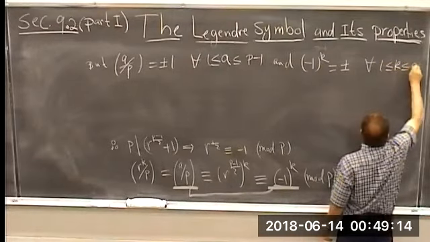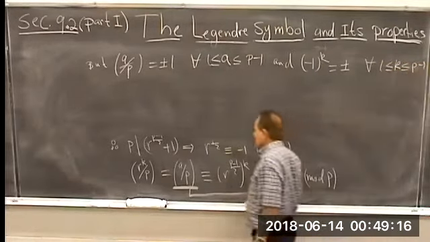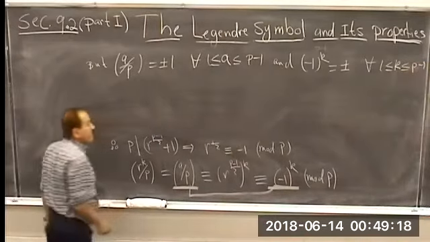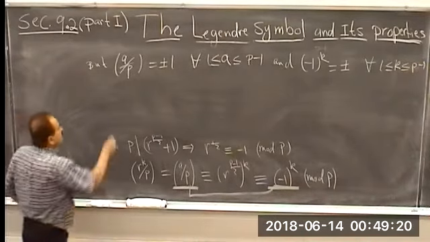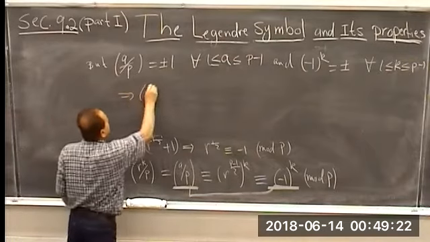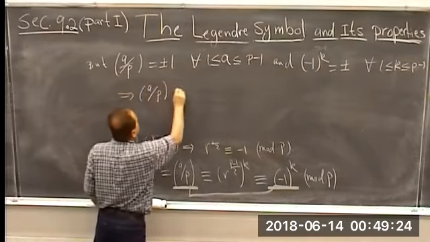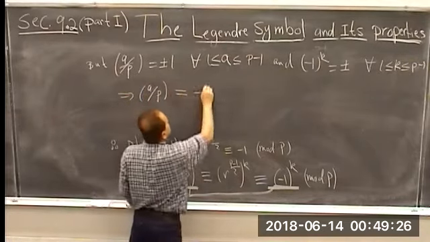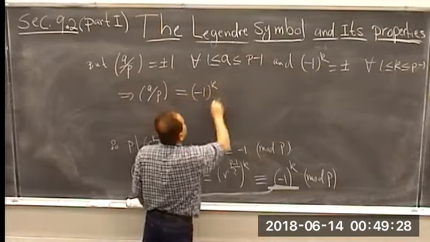Then they are not equal to each other. This implies that A over P must equal negative 1 to the K.